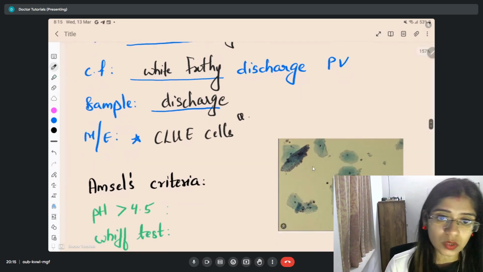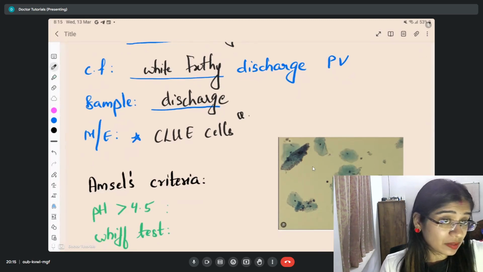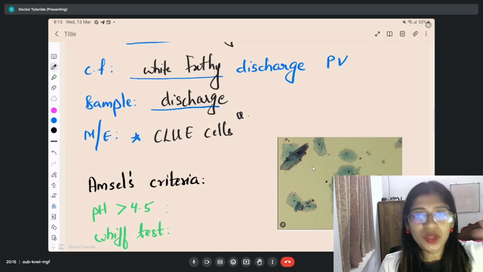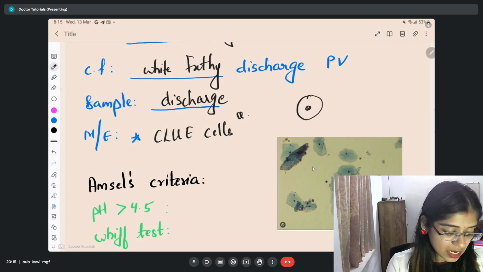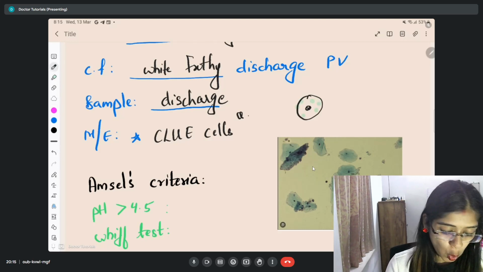Clue cells, when you're taking the sample from the vagina, in the swab you get the epithelial cells from the vagina. So these are the epithelial cells from the vagina, let us say. And on those epithelial cells, the cocobacilli will sit. So together, it gives the appearance of something called clue cells.